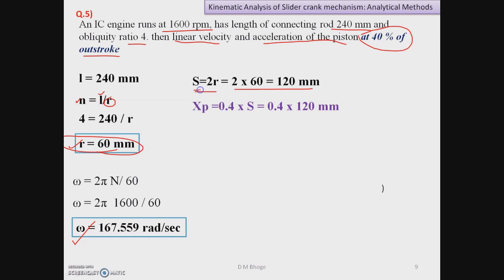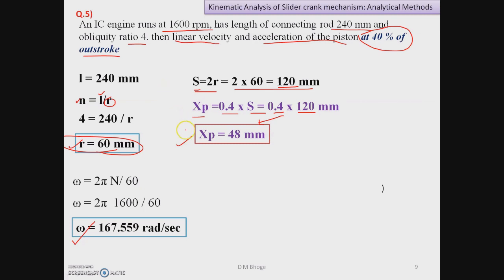Outstroke and instroke are both of the same length, which is 120 millimeters. And the piston displacement xp is 40% of the outstroke s, which equals 0.4 into 120 millimeters. So xp is 48 millimeters, the instantaneous displacement of piston.